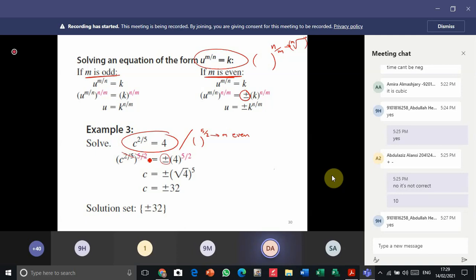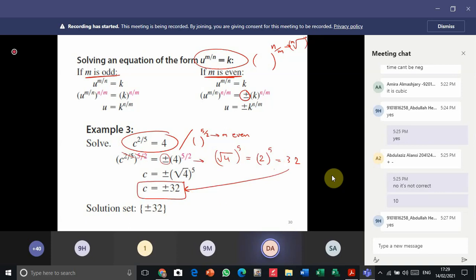Remove this one with this one, so we have c equal plus or minus the radical of 4 all to the power 5. What's the value of radical 4? 2. 2 to the power 5, this is 32. So put positive, negative 32. Okay.